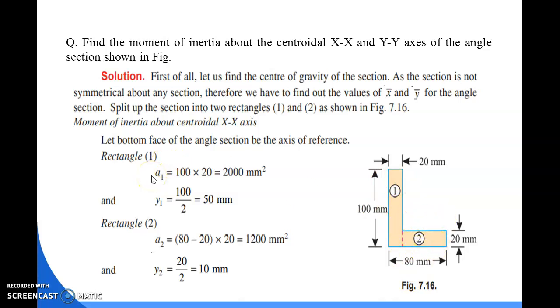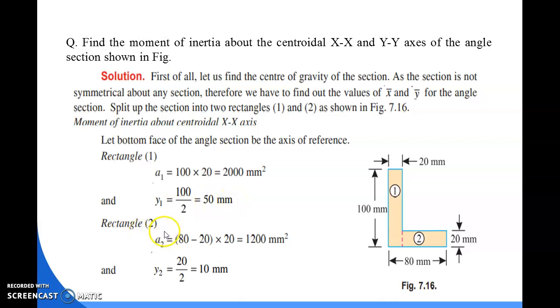For section 1, the area is equal to B into D, that is 100 into 20, which is equal to 2000 mm square, and the center of gravity of section 1 with respect to the reference line is equal to D by 2. The D value of section 1 is 100. So y1 is equal to 100 by 2, which is 50 mm.